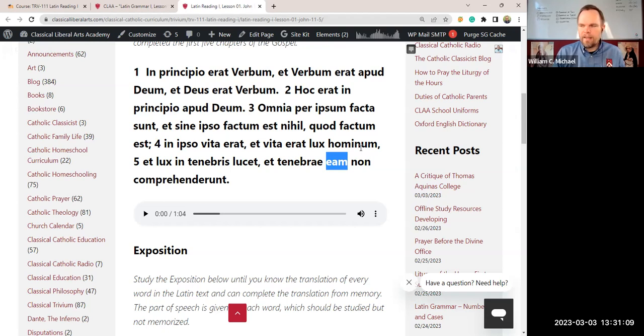It's translated it. So we have in verse 5, and the light in the darkness shines, and the darkness it not did comprehend. What does the pronoun eam refer to? What noun is it standing in place of? And again, if you're not sure, don't answer. Just listen. If you're pretty sure, give an answer.